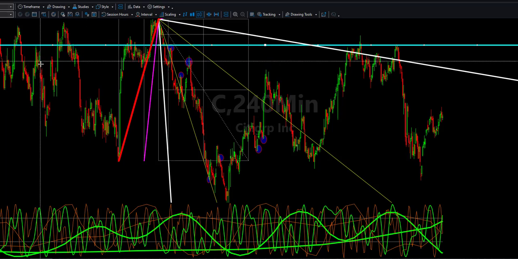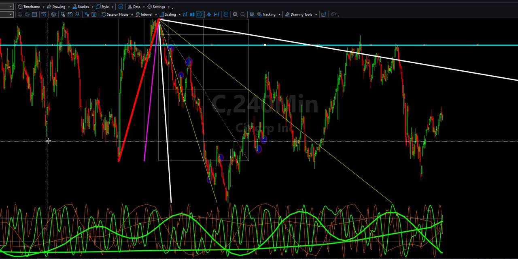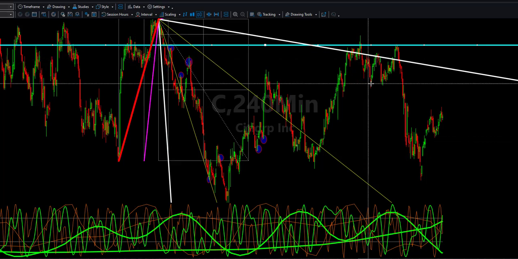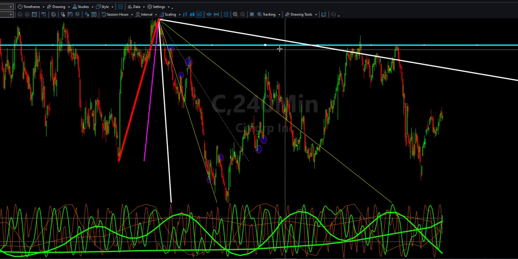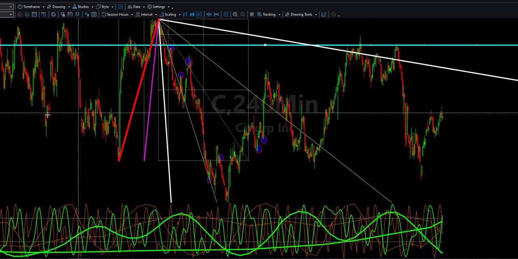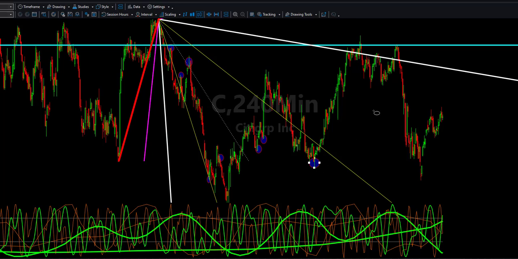This one is a big pivot, a huge move came down. Now let's see where it intersected. The big one is here, at the bottom. This one already intersected somewhere here, and this one intersected somewhere at the bottom. Small moves.